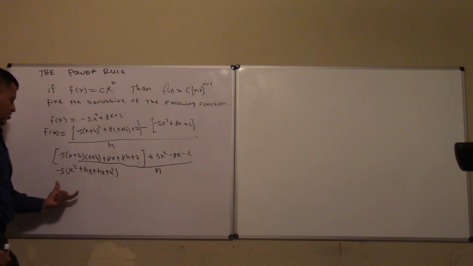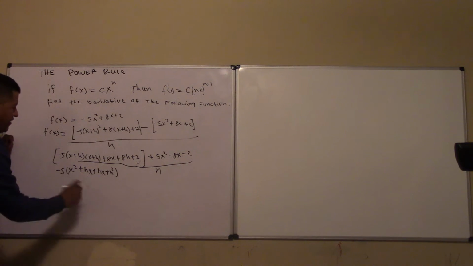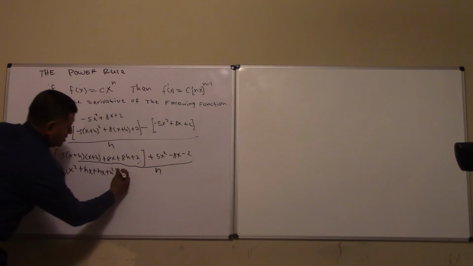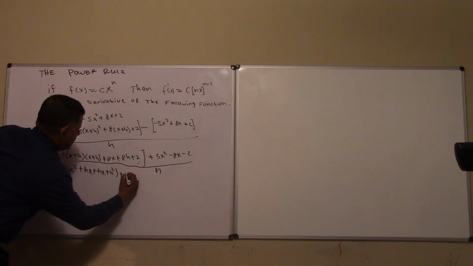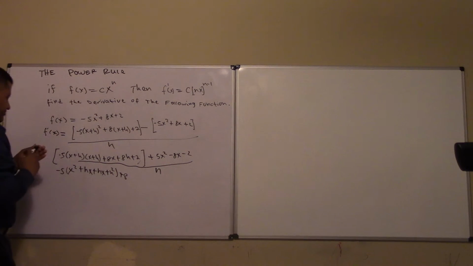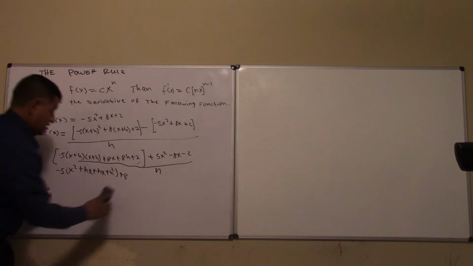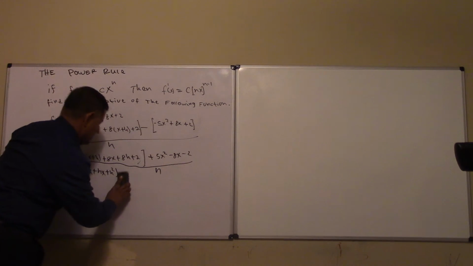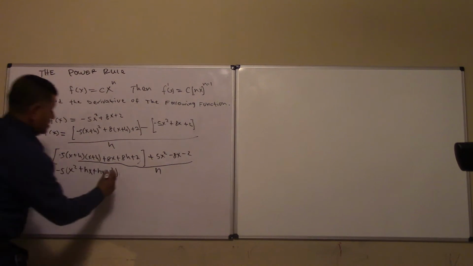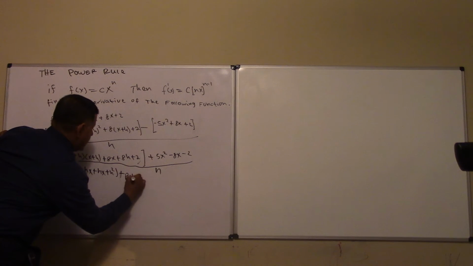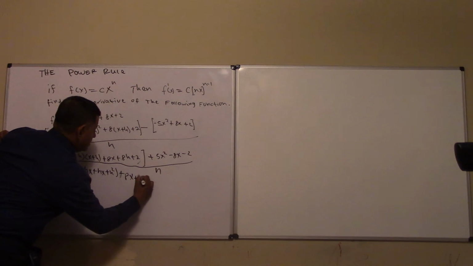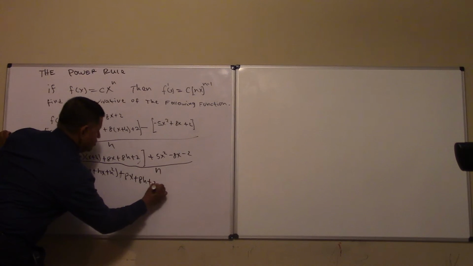So when I distribute that 5 across, right? And this becomes what? 8. So that becomes plus 8x plus 8h plus 2, right?